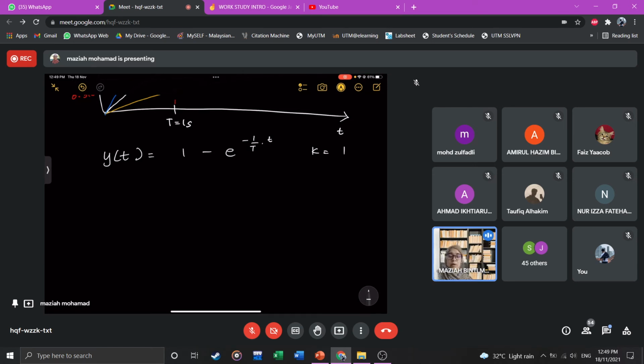If we consider a general K, y(t) will equal K multiplied with 1 minus exponent negative t over tau. This is the general time response equation by considering K and also the time constant. All right, any question?